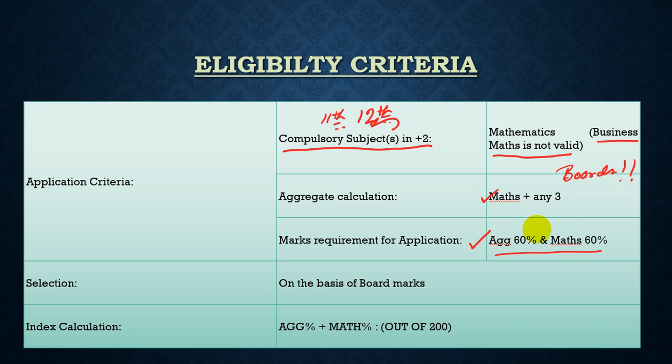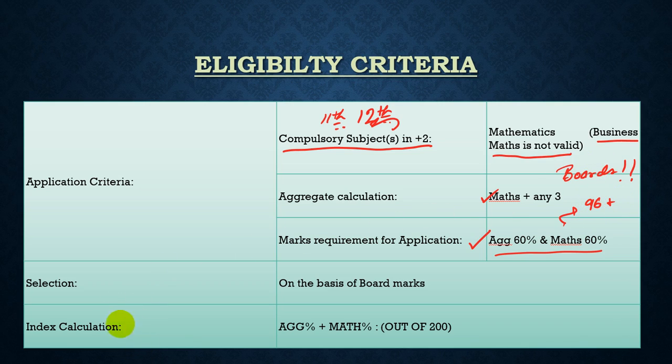They expect you to be above 90% on aggregate, and they expect you to get around 90 in maths. The safe zone is usually around 96 plus, according to the current scenario.